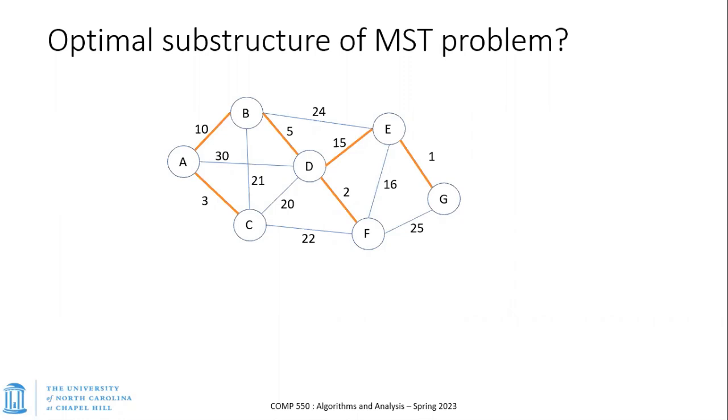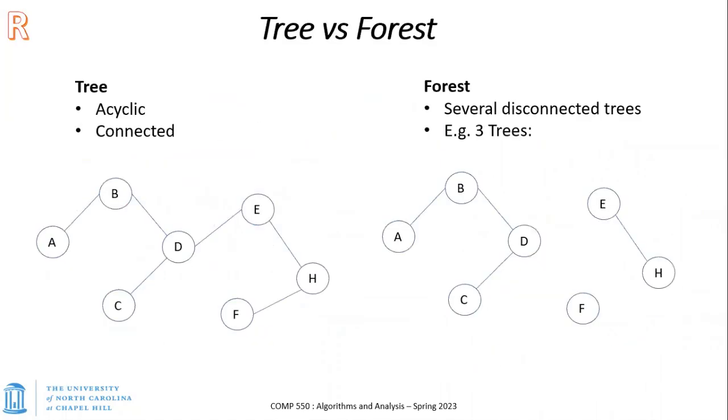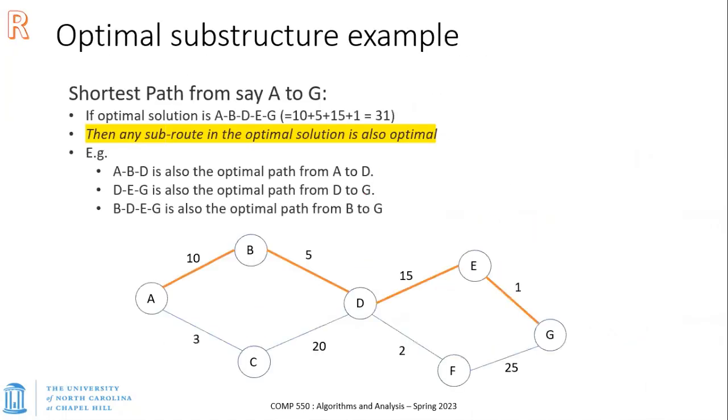So remember what an optimal substructure was, and we saw that in the case of the shortest path. To remind you what the optimal substructure was, basically a sum of the paths, and we're basically saying that any subroute is optimal.